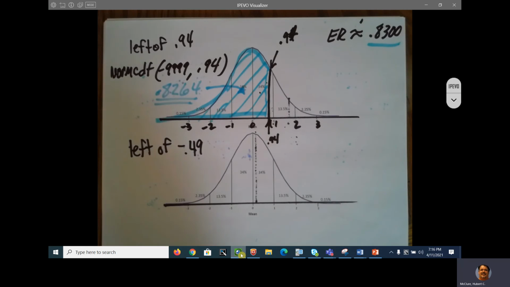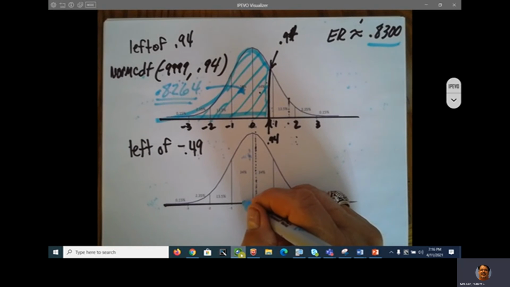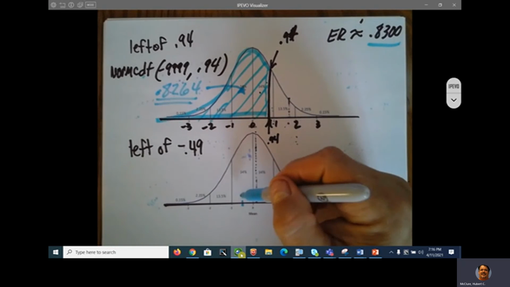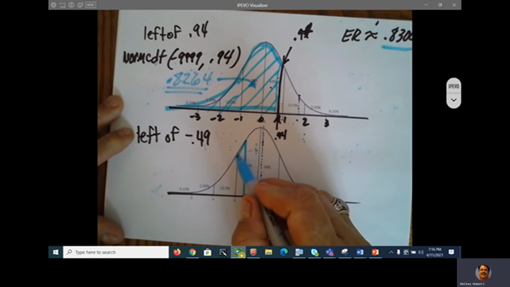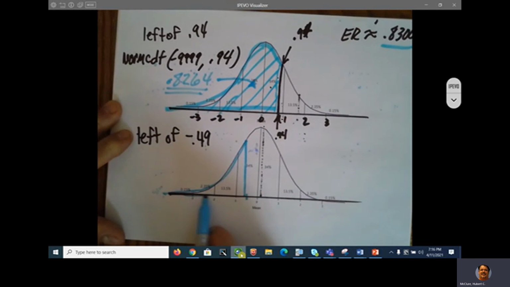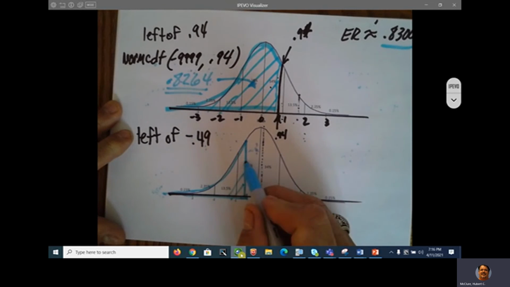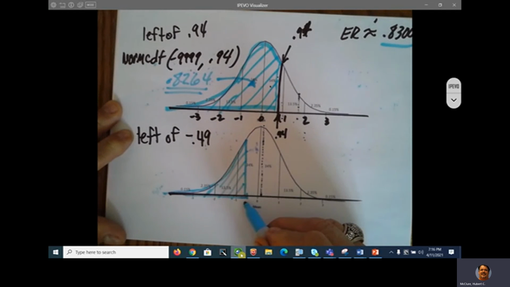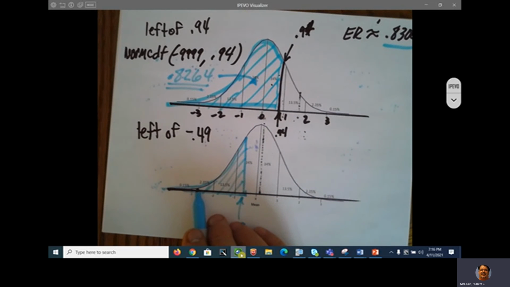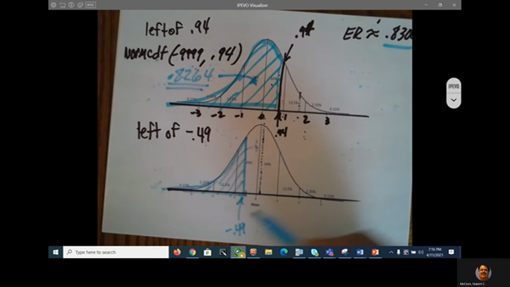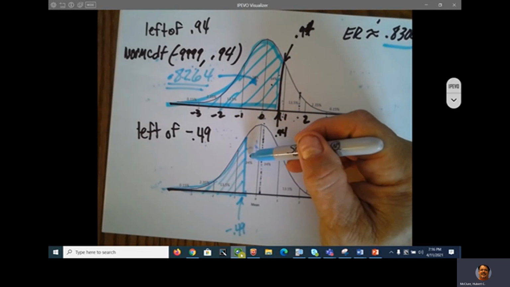Negative 0.49. This is negative 0.5 right here, so negative 0.49 would be right here. So that's going to be 2.5 and 11 and 13.5 is 16, and half of that's 17.